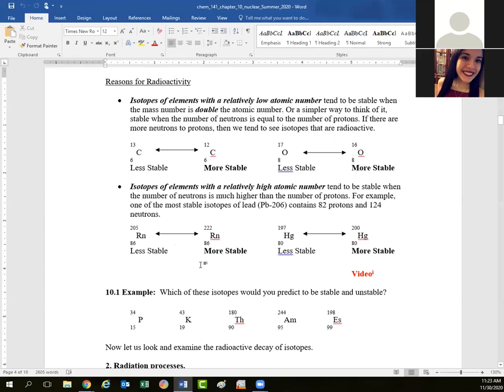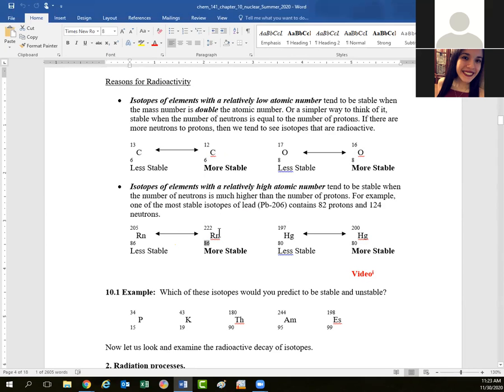Interestingly, as we move to the heavier elements in the periodic table, towards the bottom half of the table, the stability improves as we add neutrons. More neutrons becomes better. So while we have radon 222 with 86 protons, and how many neutrons would that be?